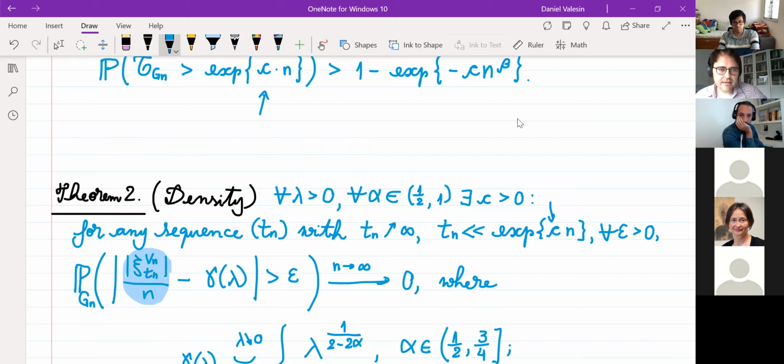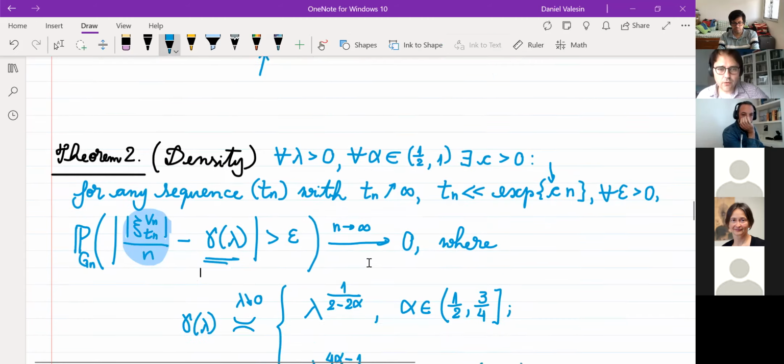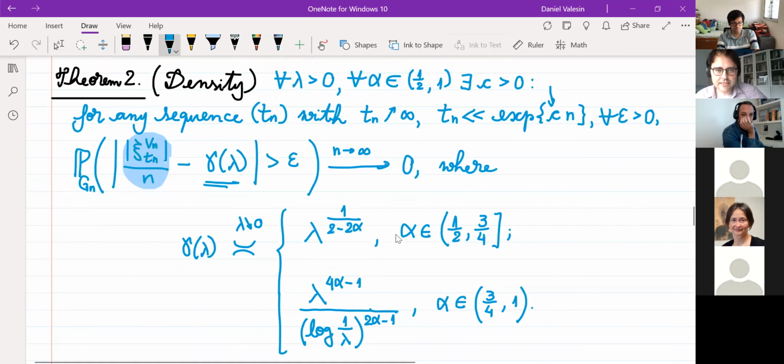The claim is that there is a certain function of lambda, which I'm calling gamma of lambda, such that this random density is very close to this deterministic function of lambda. The probability that they are epsilon far from each other goes to 0 as n goes to infinity. We know what gamma of lambda looks like for lambda small. When you take lambda to 0, it has a shift of behavior at alpha equal to 3/4.